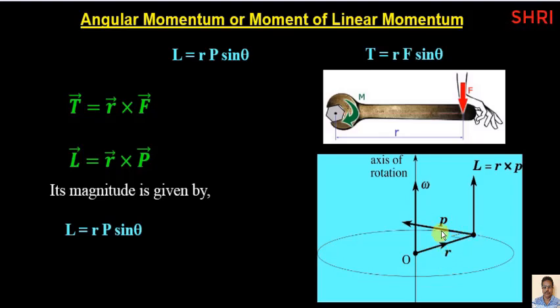Then this r p into sine of this angle is called angular momentum, and its direction is the same as angular velocity, along the axis. It is parallel to the axis of rotation. That direction is shown here. You can also show the direction of angular momentum at the center, along the axis of rotation, perpendicular to the plane of the circle.